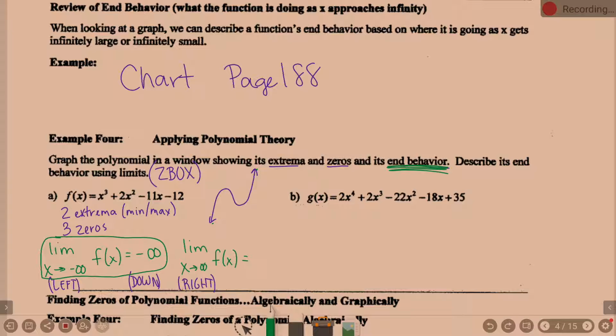What about this other one? As x approaches positive infinity. So that's saying as my graph is going right. As x is going right, where's my graph going? It's going up. What is up in terms of infinities? Positive infinity.